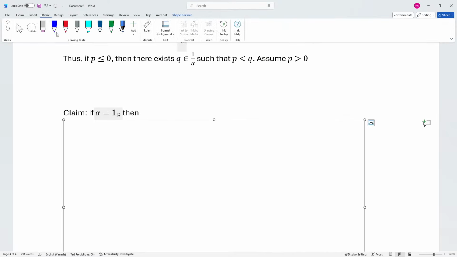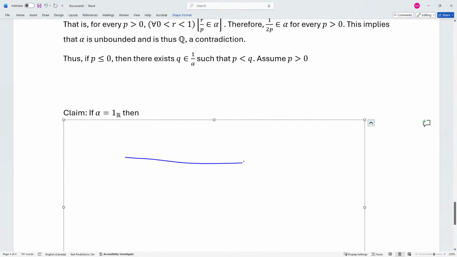Here, this is p. P is in 1 over alpha. Suppose alpha looks like this. P is in 1 over alpha, and we want to show that there is something greater than it.